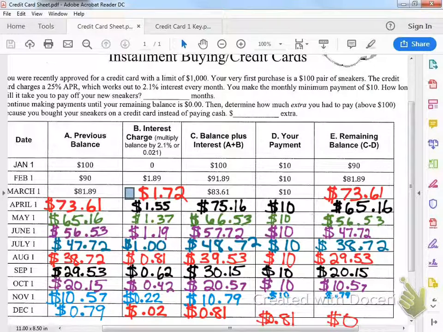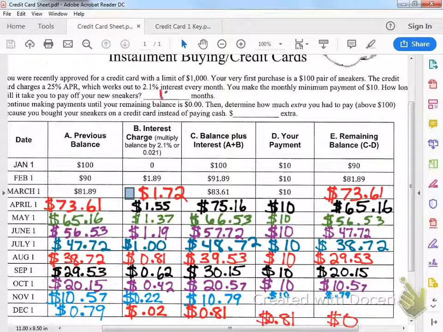Any questions? Now, we're not done because it asks us how many months did it take us. If you were paying no more than $10, it would take you how many months? Miss Monday. When the last time, don't you still take $10 away? 12. Hold on.